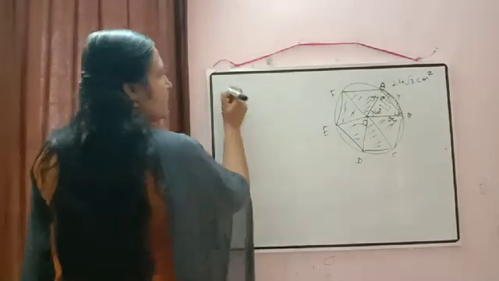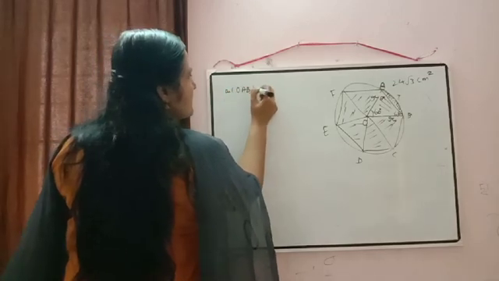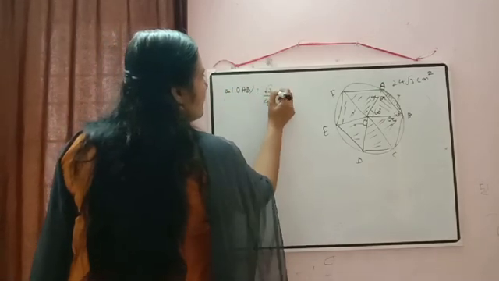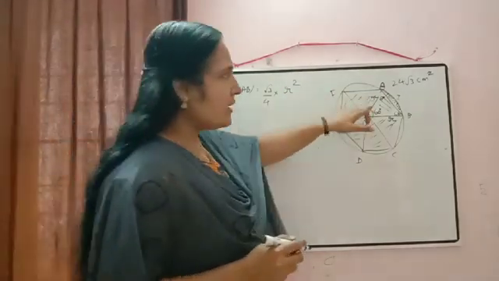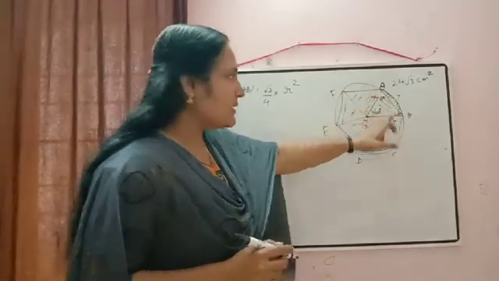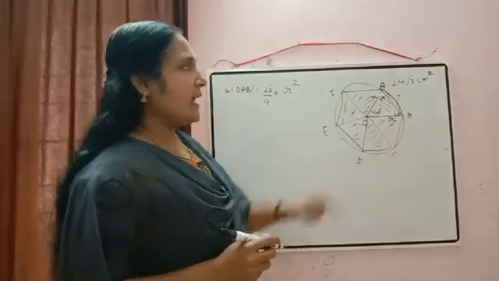So can we calculate the area of that equilateral triangle? Yes, area of an equilateral triangle is root 3 by 4 into a square. So root 3 by 4 into r square, correct? That is the area of triangle OAB. But to get the area of the hexagon, how many triangles are there? 6 triangles are there.